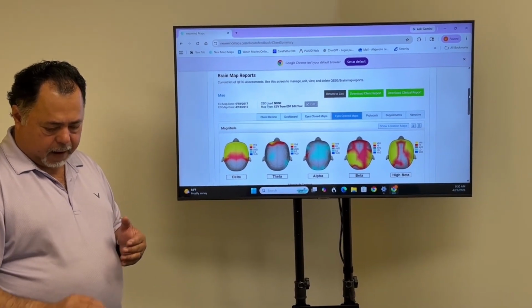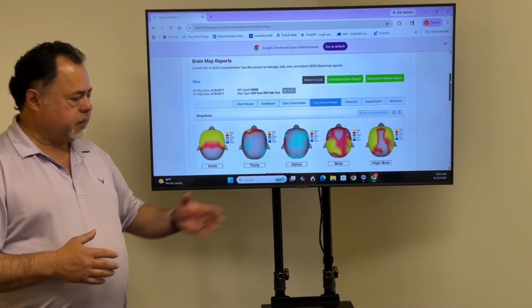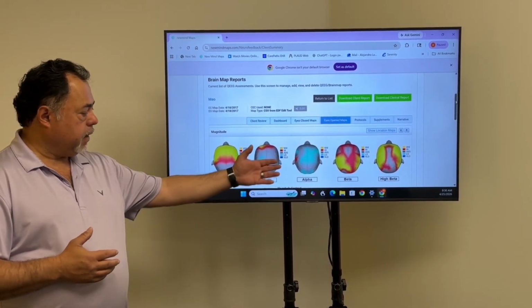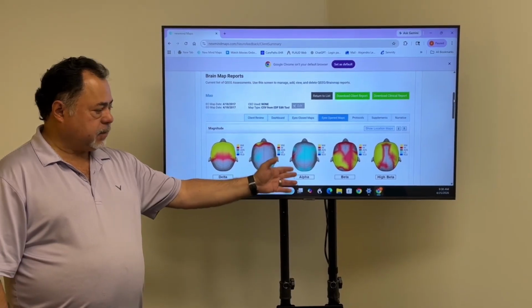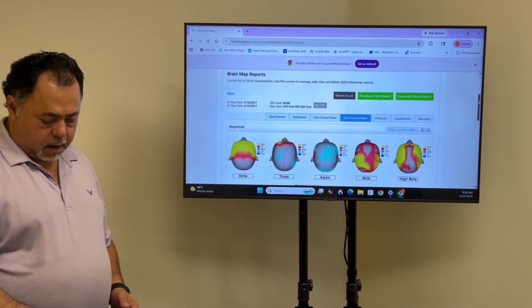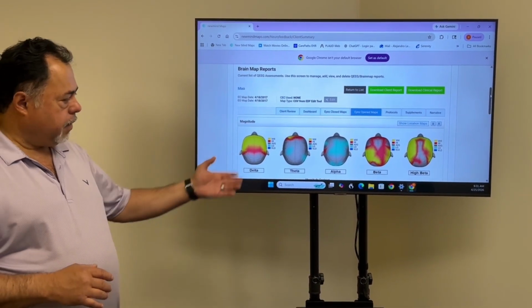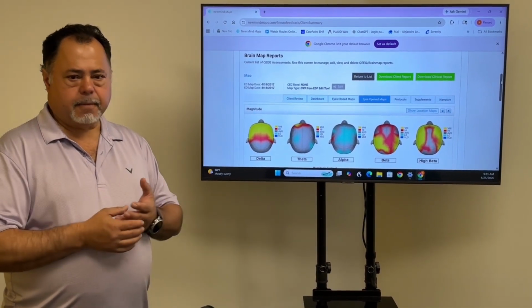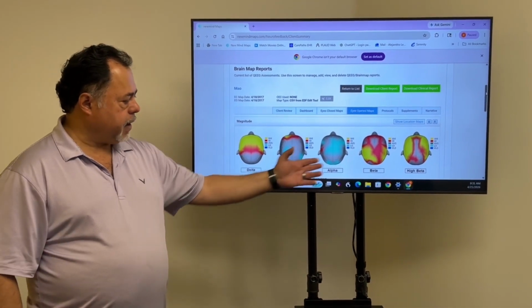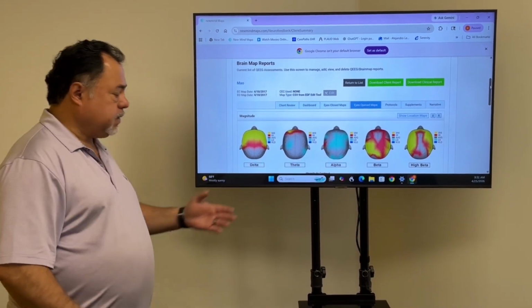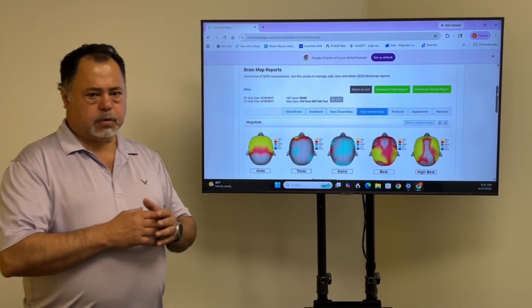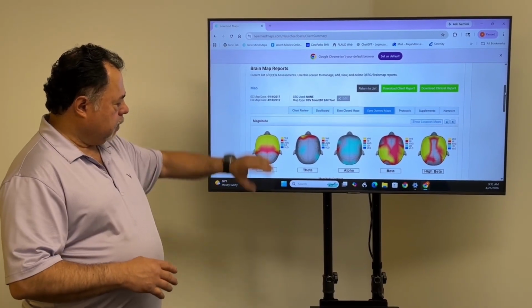Alpha is also for emotional processing, and depression. We find alpha dysregulated in depression, and high beta is also for emotional processing, depression, and anxiety. We also find a combination of these brainwaves in different conditions. For instance, delta, alpha, and high beta for trauma, in specific frontal lobes and occipital lobes.